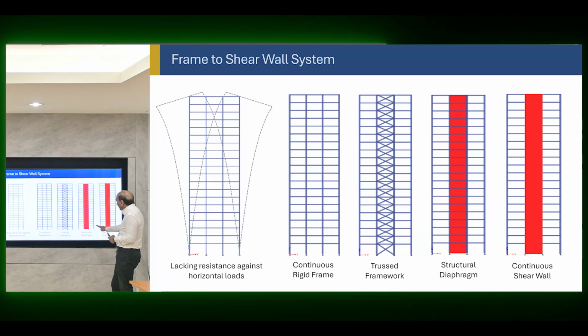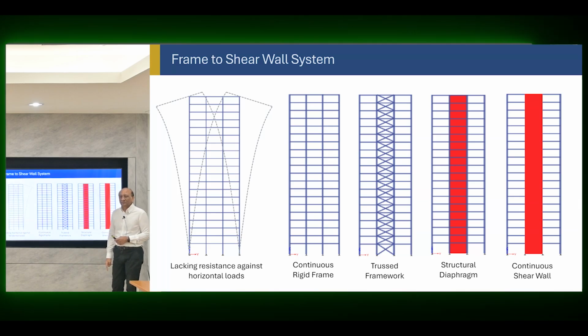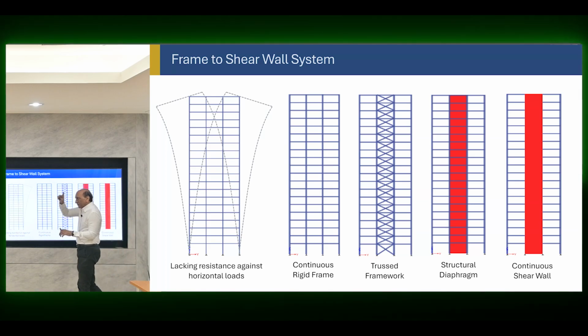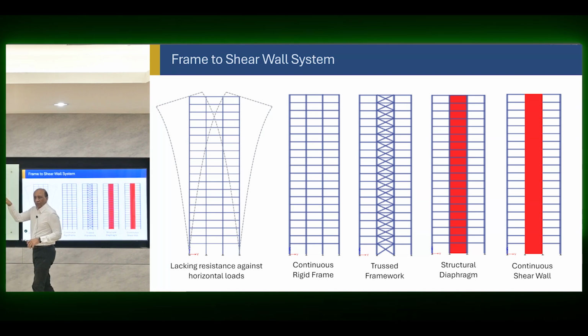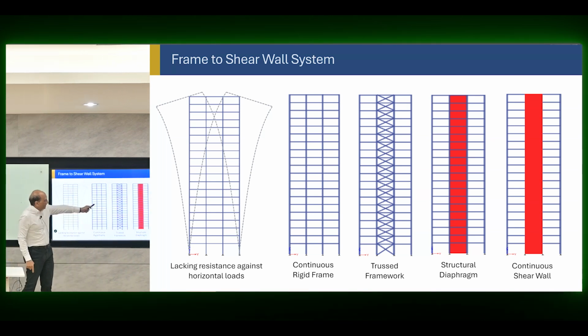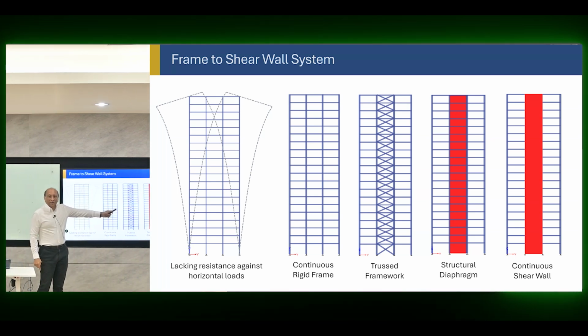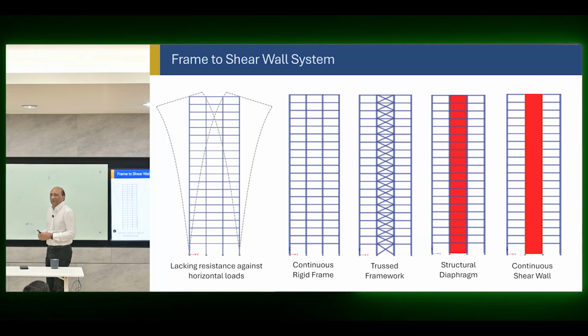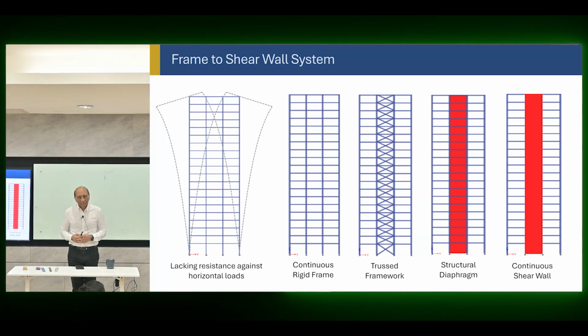The difference between this and this is that you have a beam passing through the wall. So it's a frame with the wall in between to block the frame. It's not the same as that, where there is a single wall and beams are just connected at the end. The two have different behavior, different performance, and different placement characteristics.